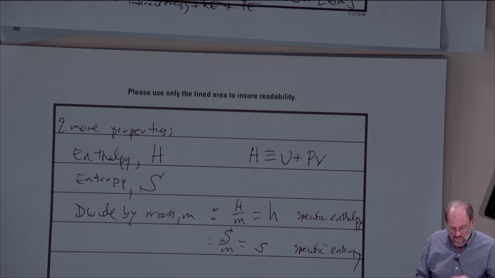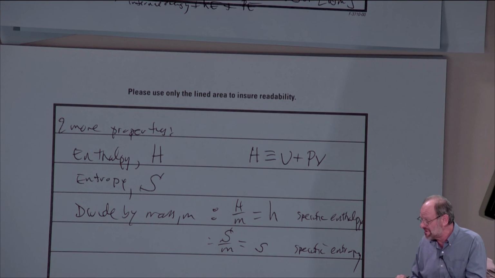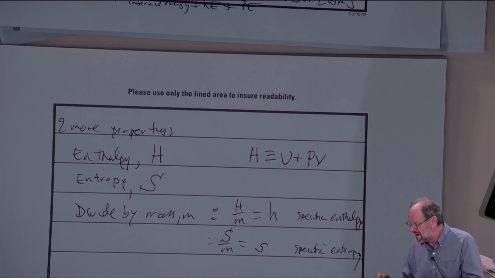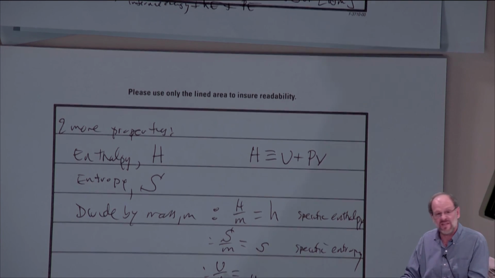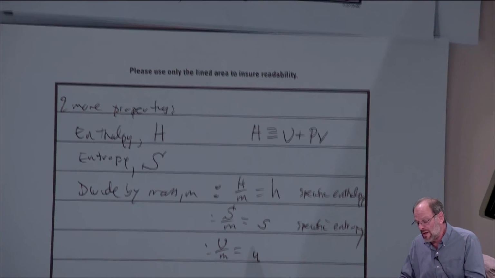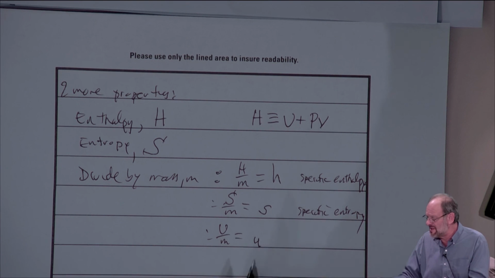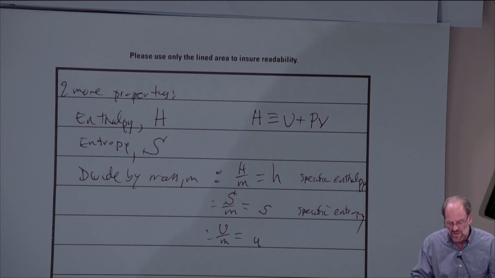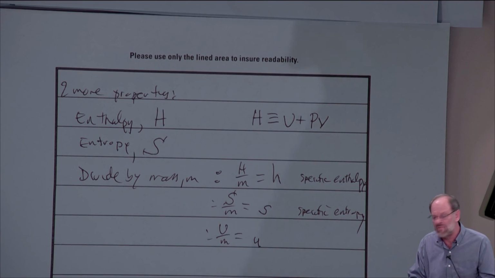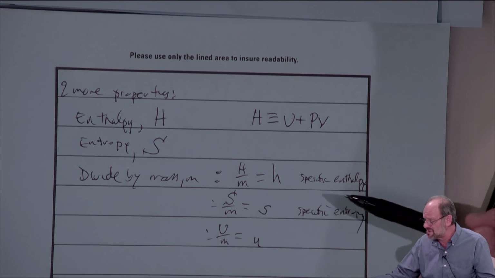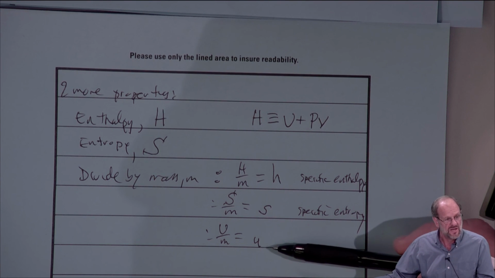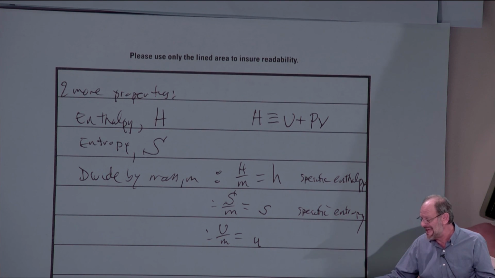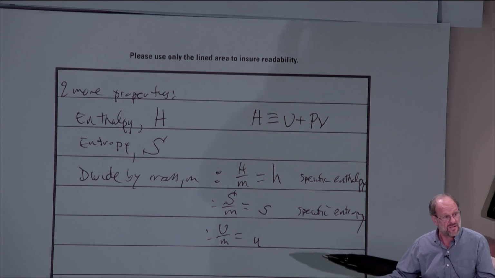Okay. Now, one thing that I also want to mention at this point is that, in fact, let me add internal energy to this. We've already seen that on the previous page. Well, the reason I bring this up here is because when you're reading through the textbook, the author will often be discussing specific enthalpy or specific entropy or specific internal energy, but only use the word enthalpy or entropy or internal energy.